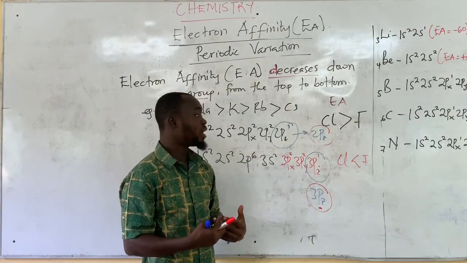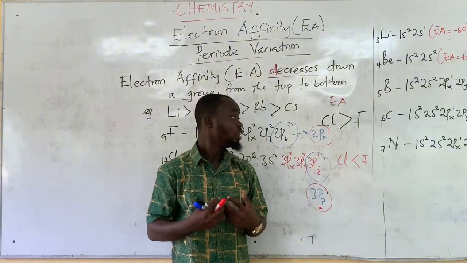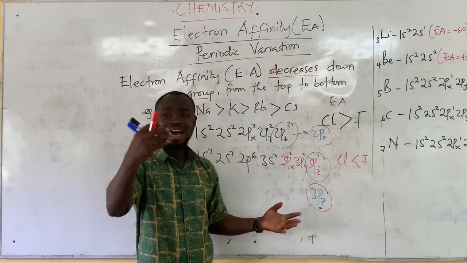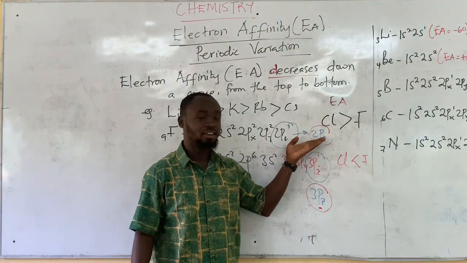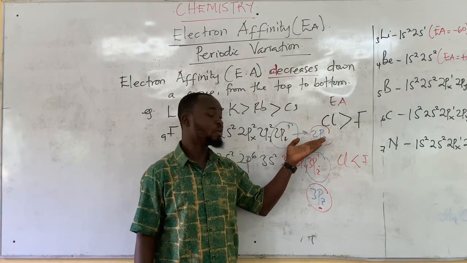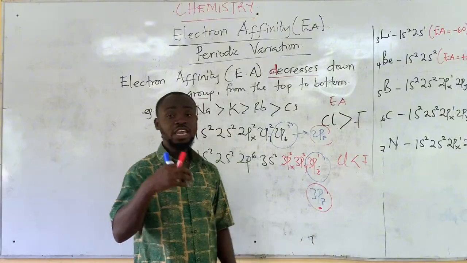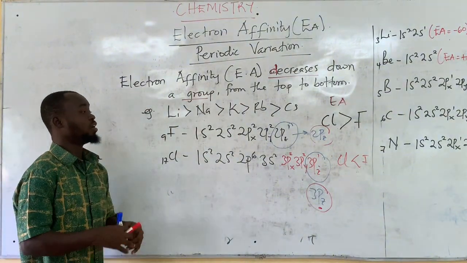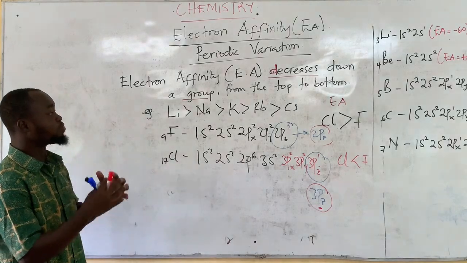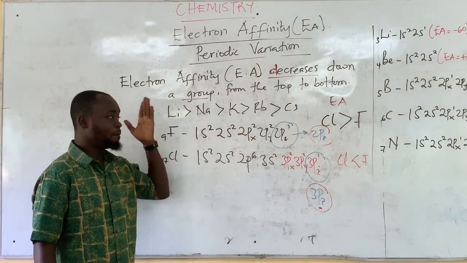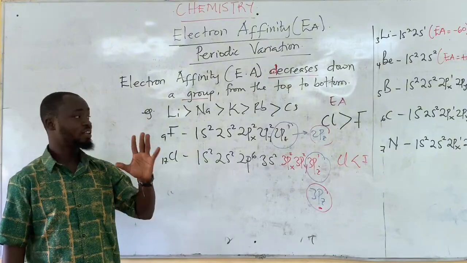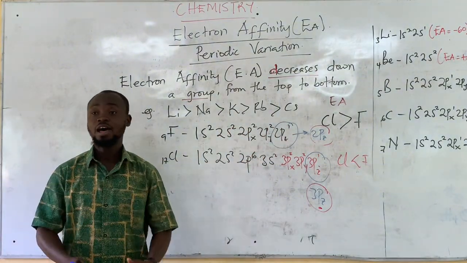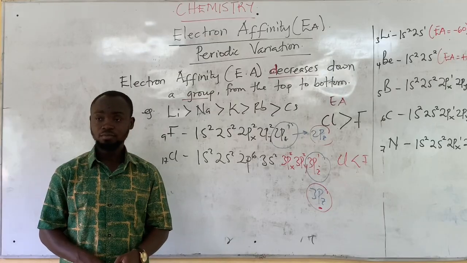Therefore, chlorine will rather have a higher affinity for electron because its nuclear attraction will be considerably higher than the attraction in that of the 2pz atomic orbital in fluorine. So EA generally decreases moving from the top to the bottom down a group. But one discrepancy is for fluorine and then chlorine, and that is what I've explained as well.